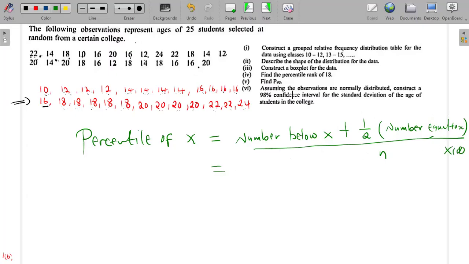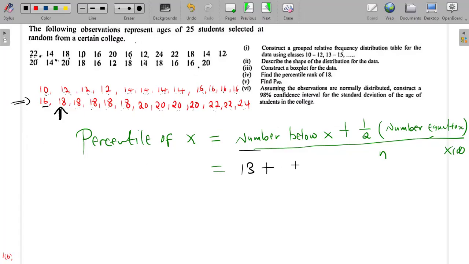Now we want to find the percentile rank of 18. First I have to count how many numbers are below this 18: 1, 2, 3, 4, 5, 6, 7, 8, 9, 10, 11, 12, 13. Because we're finding the percentile of 18, the numbers that are less than 18 are 13.